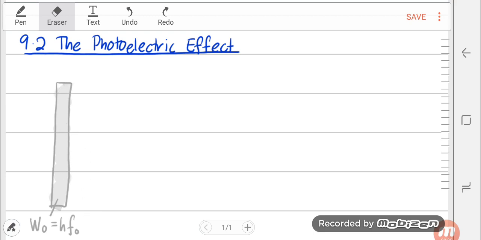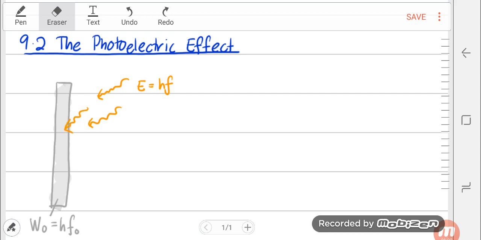So let's start with what is happening in the photoelectric effect. We start by shining a light or a photon onto the surface of this particular metal. As the photon strikes the metal, it carries an energy, E equals hf, where E is energy, h is Planck's constant, and f is the frequency carried by these photons.